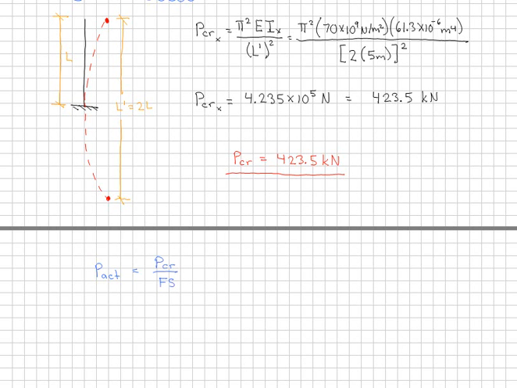So we enter in our values for the critical buckling load, 423.5 kilonewtons. We divide by our factor of safety, which is given to us as 3.0. And this will give us an actual load of 141 kilonewtons.